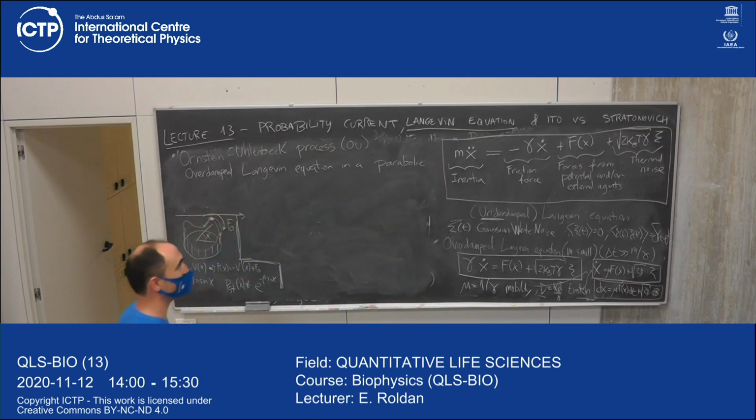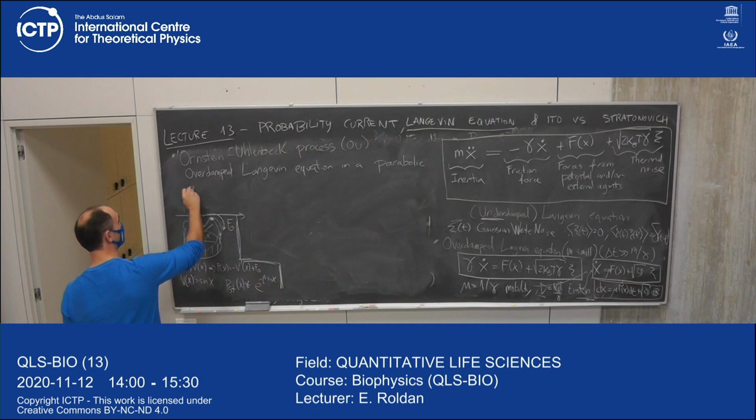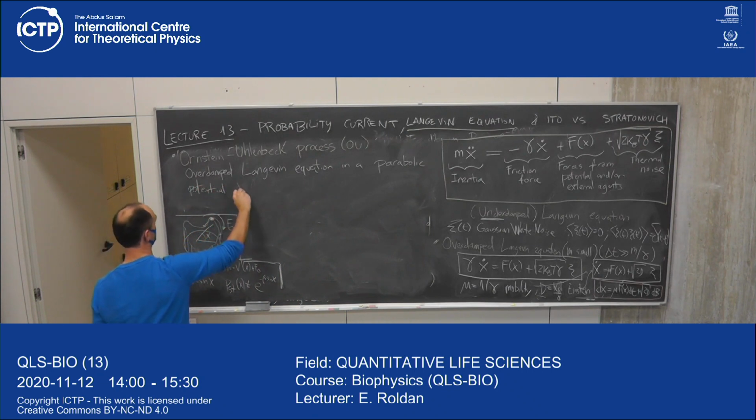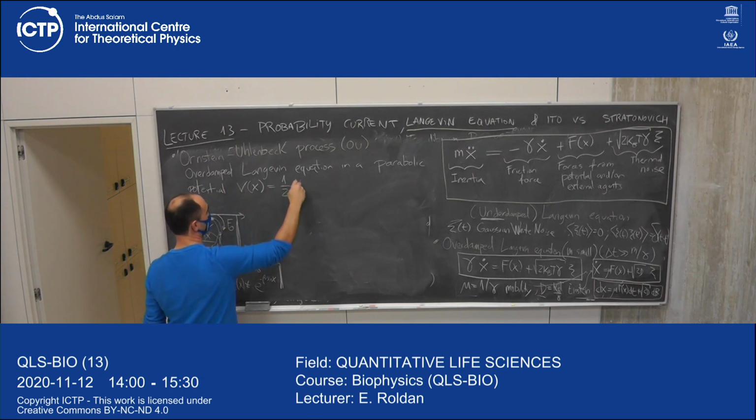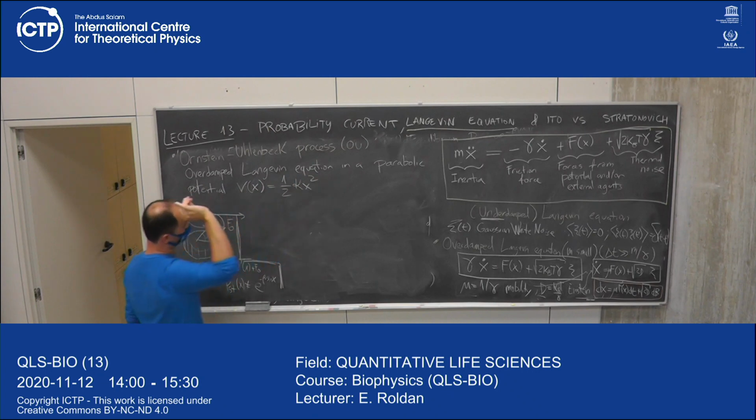I never remember if parabolic has one L or two. I think it's one. Just correct me if I'm wrong. The potential is, for example, V of x equals 1/2 kappa x squared.